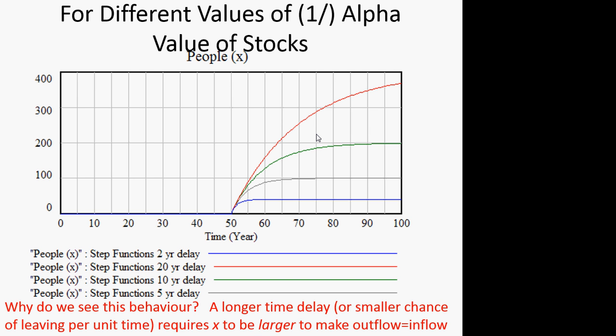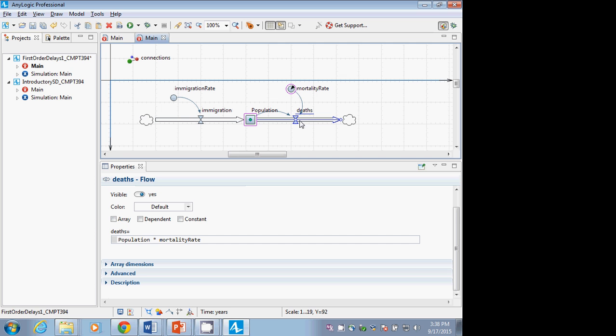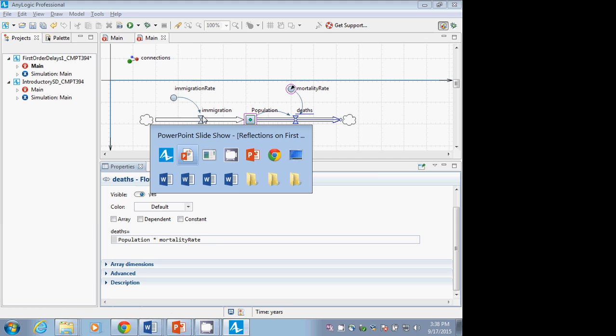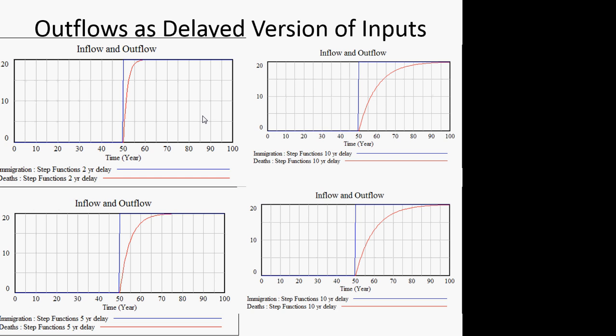So if the mortality rate is smaller, the equilibrium value of people will be larger. It will take more people to make this rate of outflow, rate of death, equal to immigration. Because mortality rate is smaller, we need a bigger population for the death rate to equal the immigration rate. Does that make sense? Grok or not?